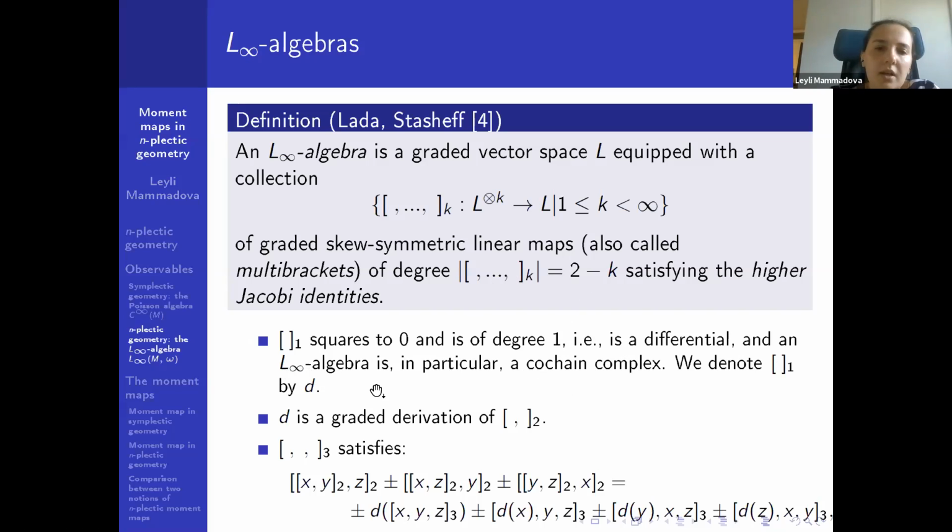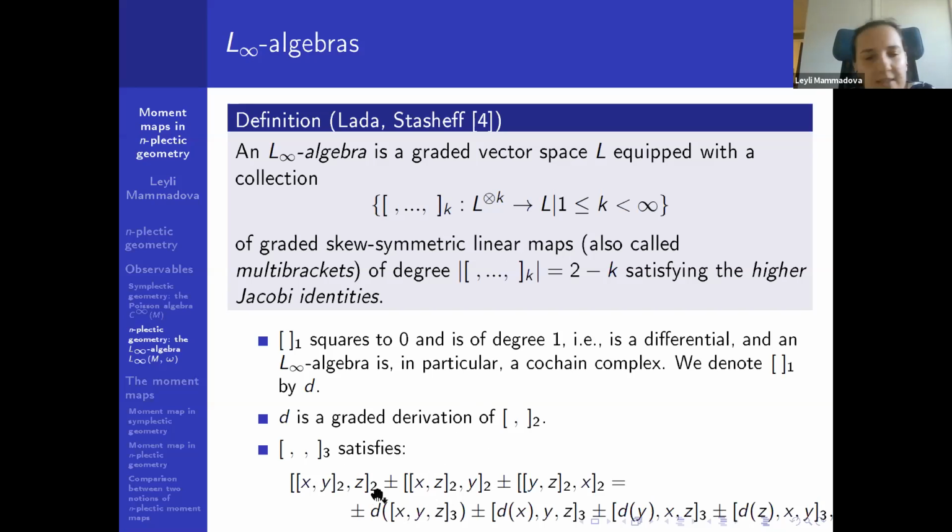The second one of those Jacobi identities tells you that D is a graded derivation of the second multi-bracket, the second map from this list.